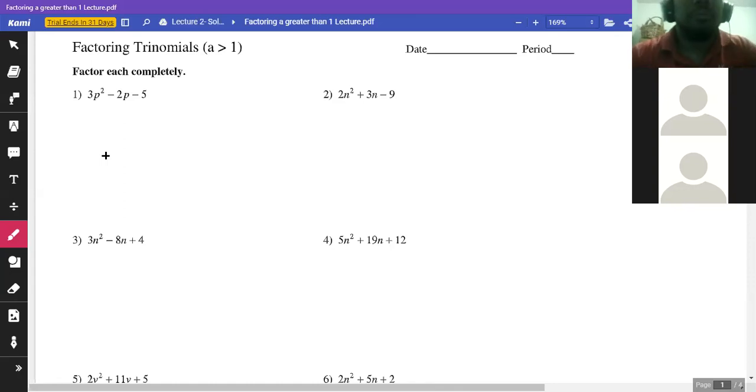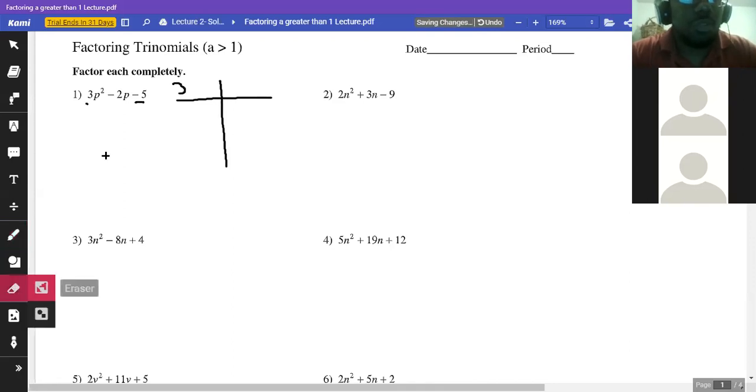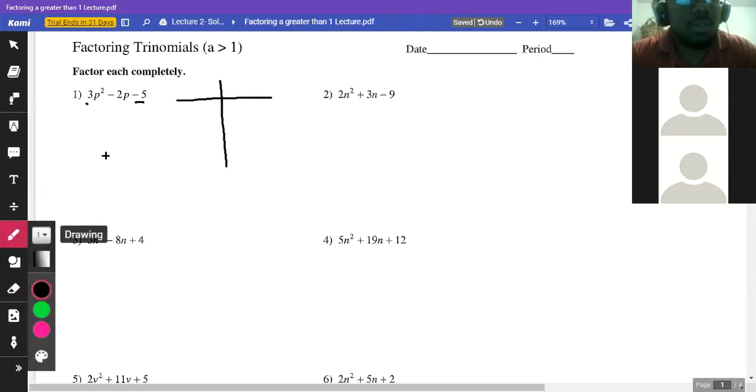Okay, so to start off, I'm trying to find two numbers that multiply to give me 3 times -5, or -15, and I want their sum to be -2.